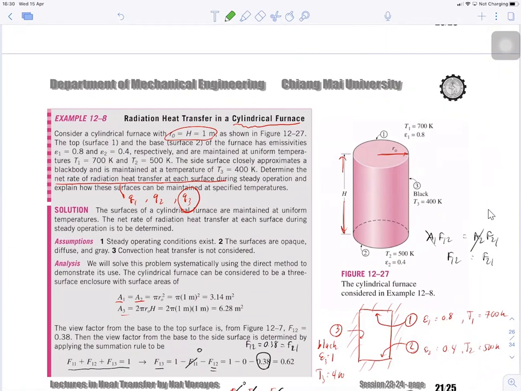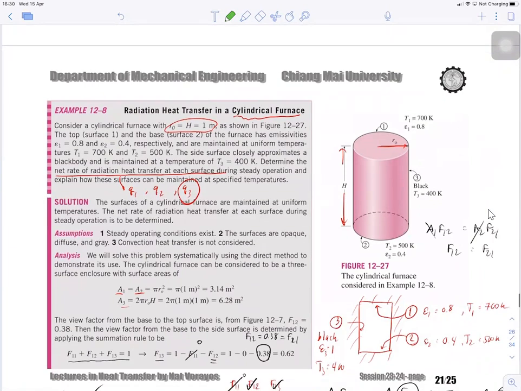Okay? So that's it for the radiation exchange. I know that in the book there are several more topics talking about this, but you can read by yourself. I recommend you read the section on radiation exchange in a tube, okay, but it's not going to be in the final exam.